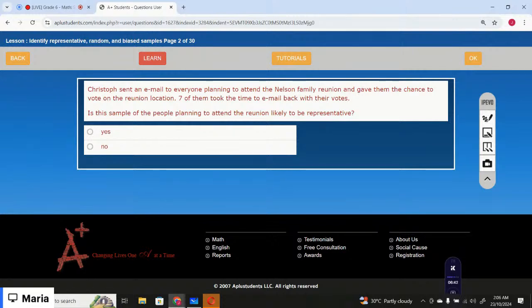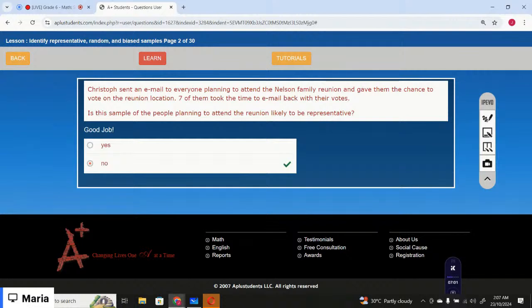Which is the correct option? I think no, that is not the representative data. The correct option is no.